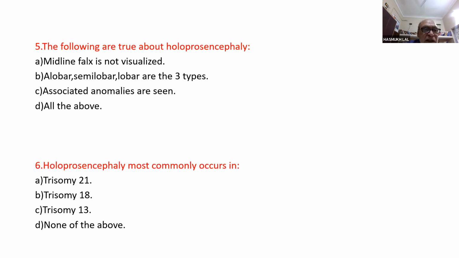And all these associated anomalies are true, because it is very true that it is trisomy 13, and these are very easily detectable because we will see multiple defects in trisomy 18 and trisomy 13. It is only trisomy 21 which will be hidden. Sometimes we may not find anything, and these children live for a long time.